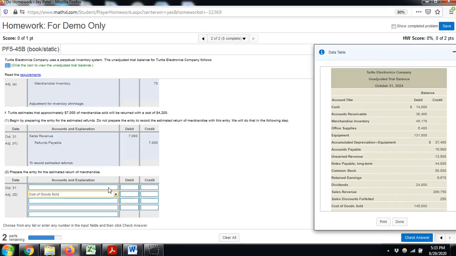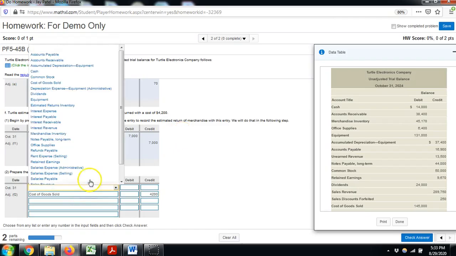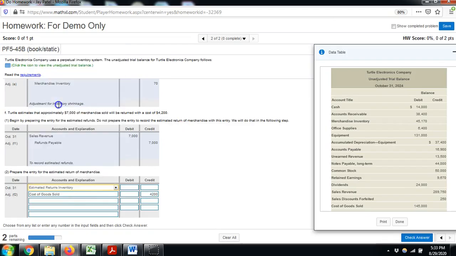So we want to basically reserve for that by not overstating our cost of goods sold and kind of setting up an account to capture the returns based on our estimate. So we want to reduce our cost of goods sold by this $4,200, and we want to also set up an estimated returns inventory, which is going to be the same amount.